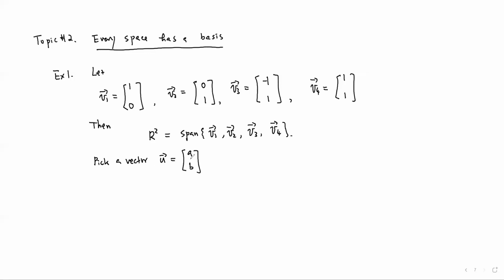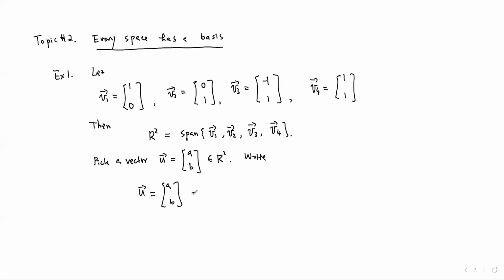I want to see whether this vector is spanned by these 4 vectors. Spanned by these 4 vectors means a linear combination of these 4 vectors. Now, let me write U. U is (A, B).